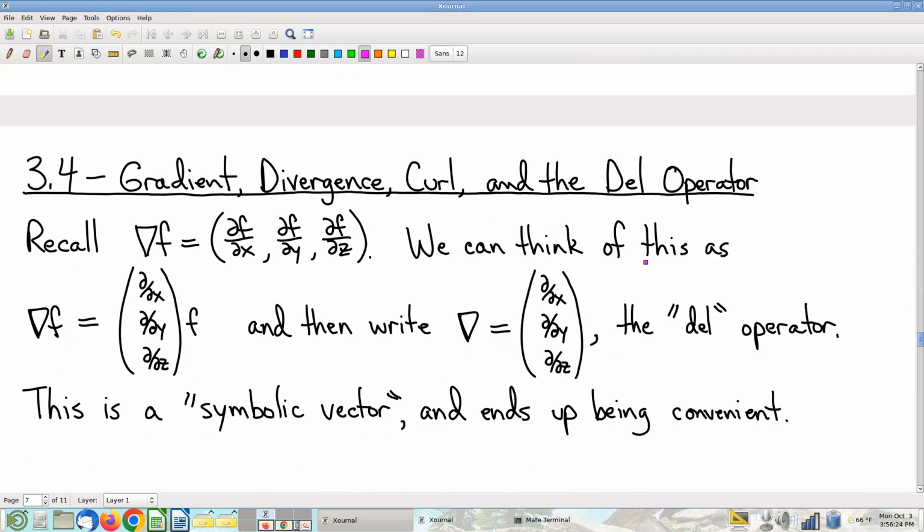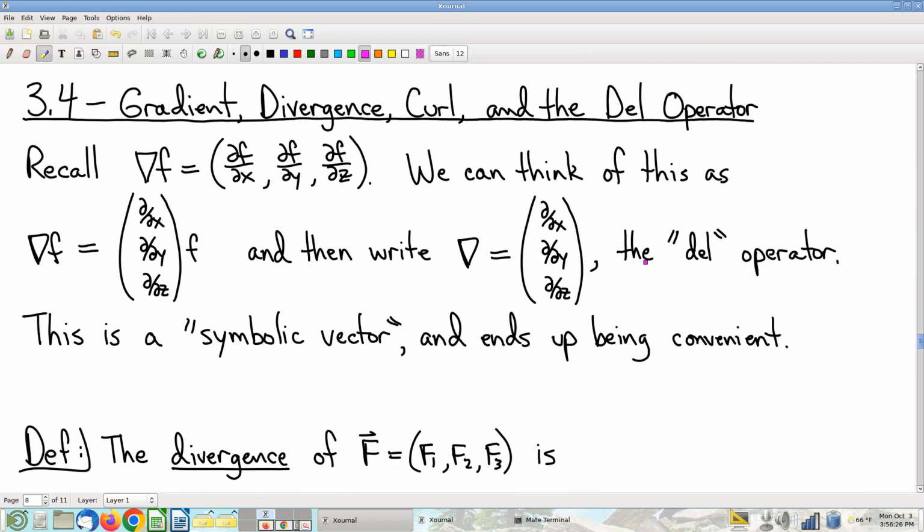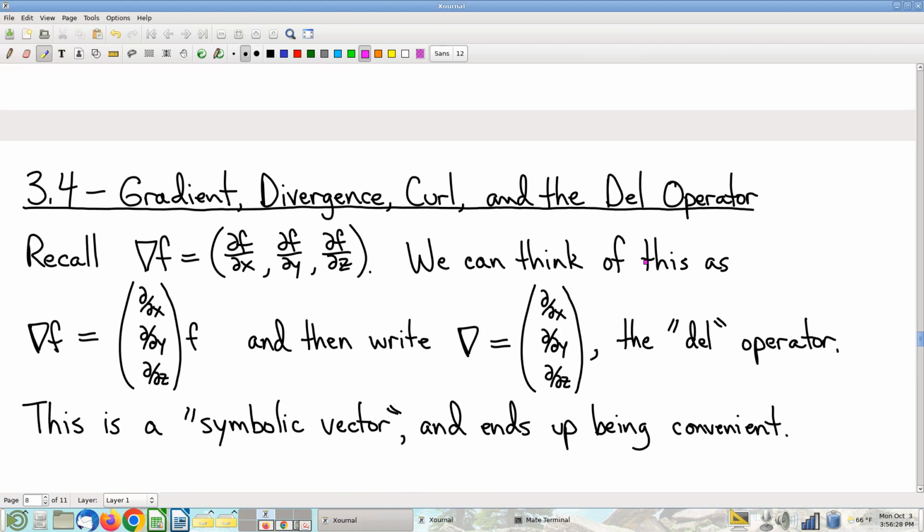Okay, so the last section of chapter 3, there is something kind of weird about this section. It's arguably a little out of place. It's a little bit premature. They're going to introduce some ideas here in chapter 3, in section 3.4, that we really don't have the tools yet to fully make sense of.